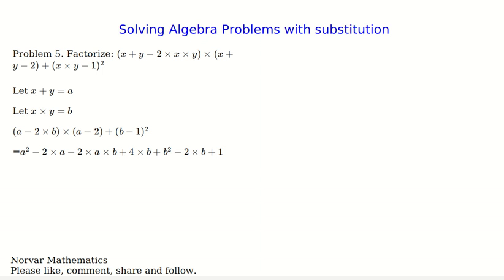Rearranged into a quadratic of a minus b, it equals (a - b) squared minus 2 times (a - b) plus 1. Use the perfect square formula. Equals (a - b - 1) squared.